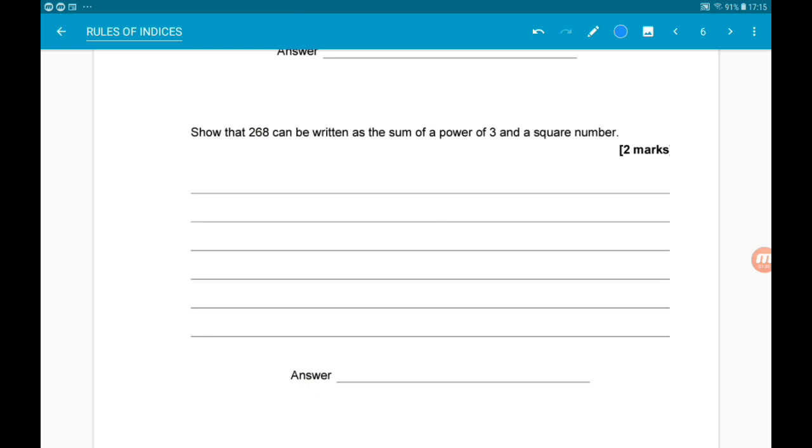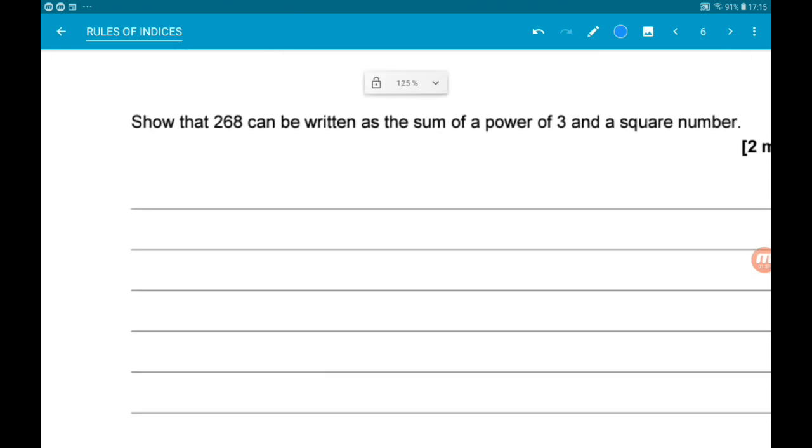So first up we have 268 minus 3. Now that's 265. So to do this, you can use your calculator, try to square root the numbers.